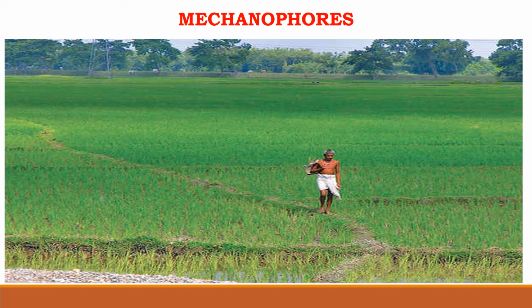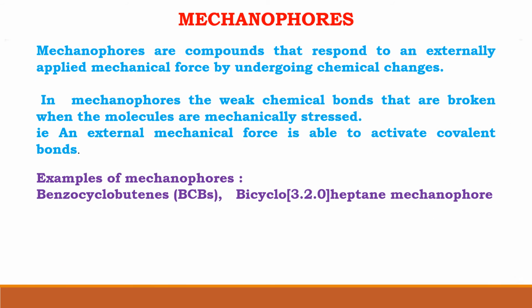That means the chemical bonds present in that particular mechanophore undergo cleavage when an external mechanical strain or stress is applied. So, mechanophores are compounds that respond to an externally applied mechanical force by undergoing chemical changes. That is, an external mechanical force is able to activate the covalent and weak bonds present in the mechanophores.